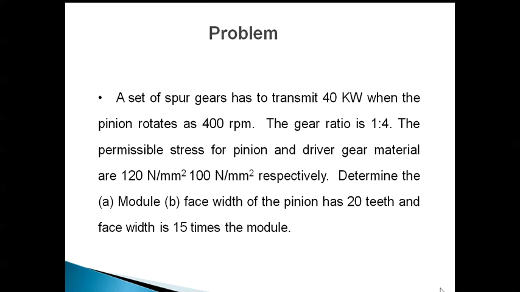Determine the module and face width if the pinion has 20 teeth and the face width is 15 times the module. So here we need to find the module and face width, m and b.